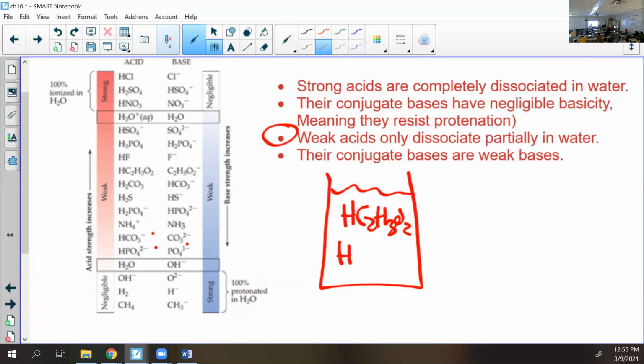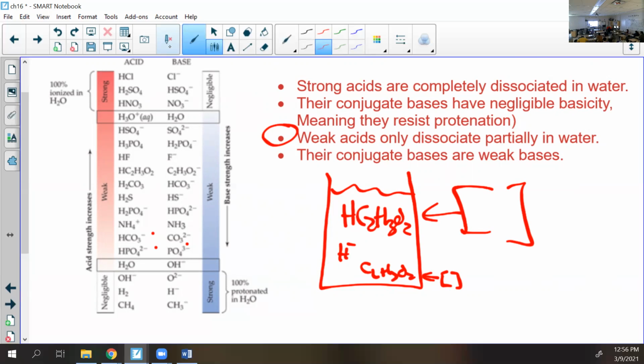You're going to have some H plus, and some C2H3O2, but the concentration of HC2H3O2 is really big and the concentrations of these are really small. It's almost all predominantly molecular, meaning it doesn't dissociate.